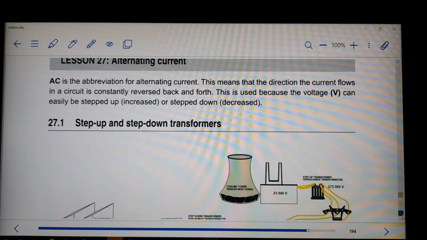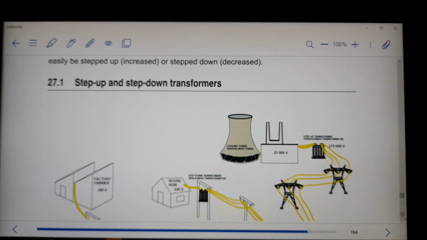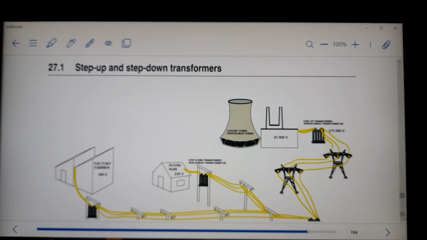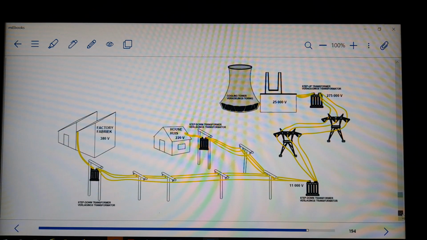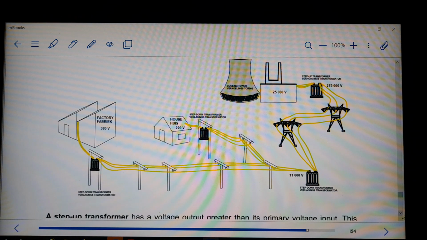So now let's talk about stepping up and stepping down transformers. Remember we said that when electricity is generated at a power station, the electricity goes to the transformer, then the transmission lines. So we have a step-up transformer here, which means that the voltage is increased.